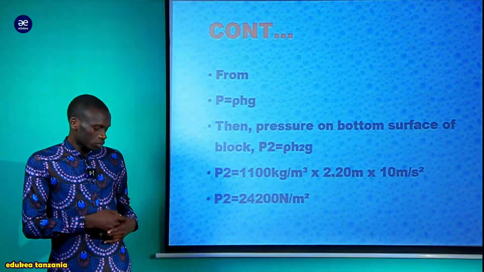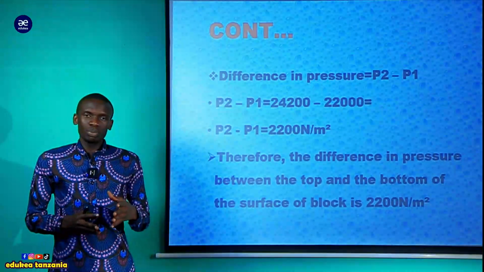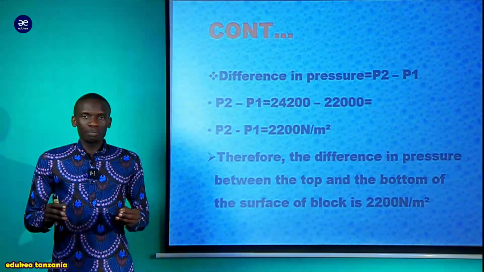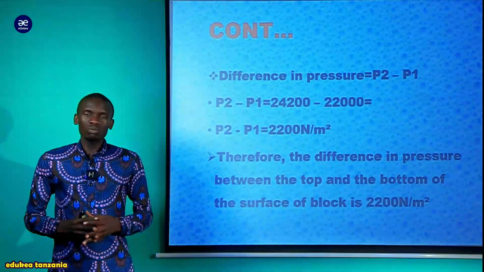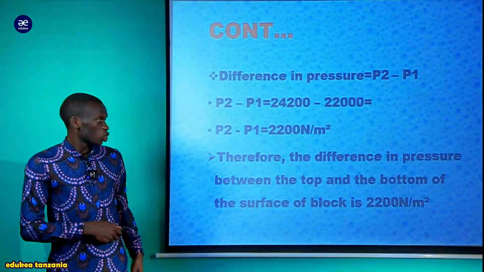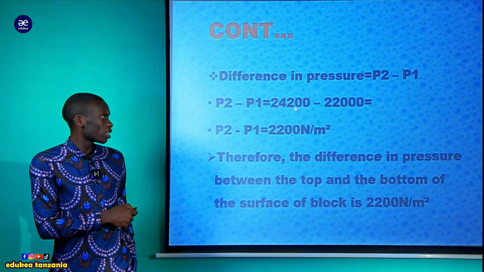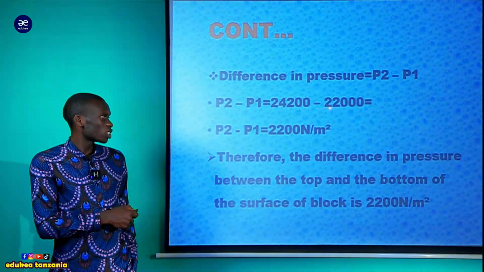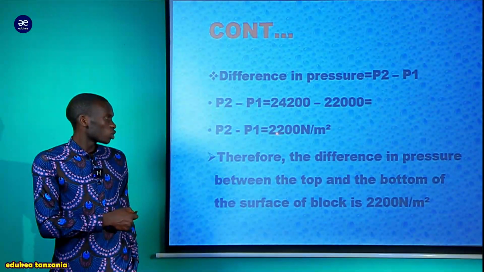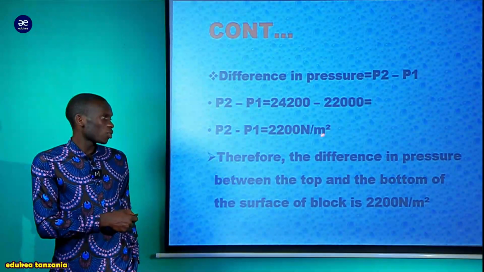After that, to get the difference in pressure, take P2 minus P1. Take the pressure at the bottom surface minus the pressure at the top surface. So we get 24,200 minus 22,000, and we get 2,200 Newton per meter square.